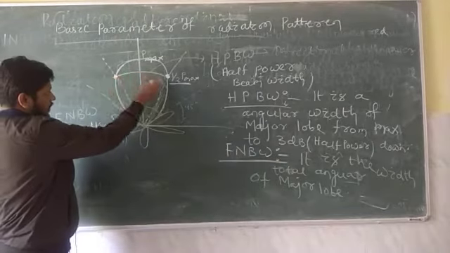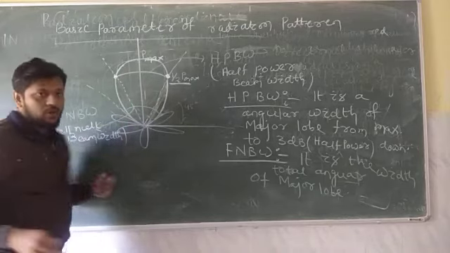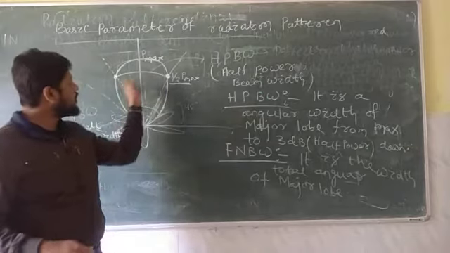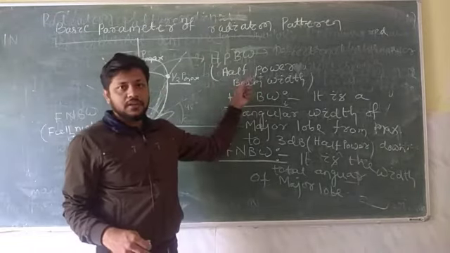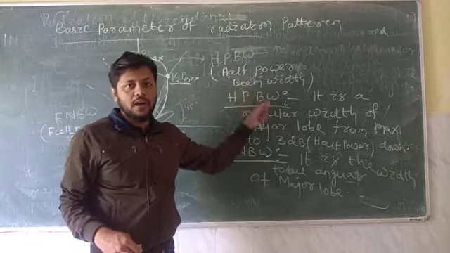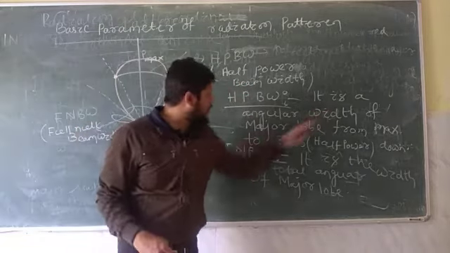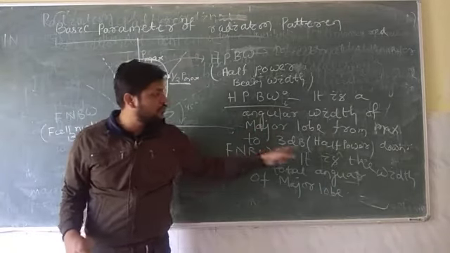So this angular region is known as beam width. The terminology you should remember: this width is known as your beam width, and where the power is half, that's why this is known as half power beam width. So here is the definition I have written: it is the angular width of the major lobe from maximum to 3 decibel.